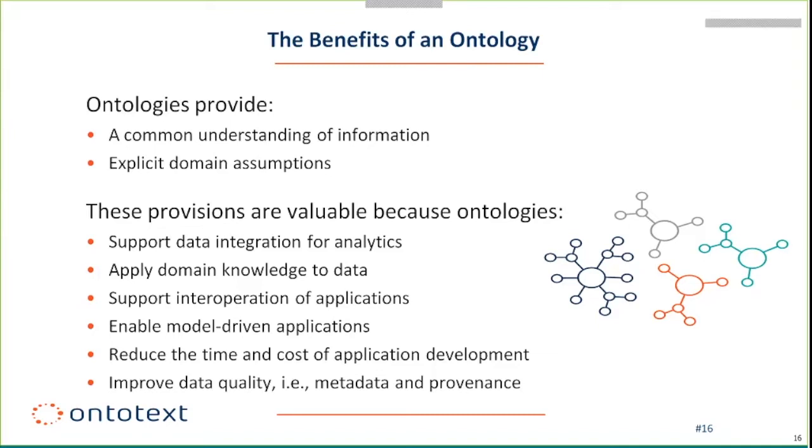So why are those valuable? It helps you if you want to apply, as I just said, domain knowledge to your data. It also enables you to derive model-driven applications, and it severely reduces the time and cost of application development.